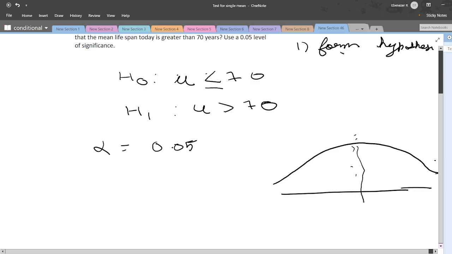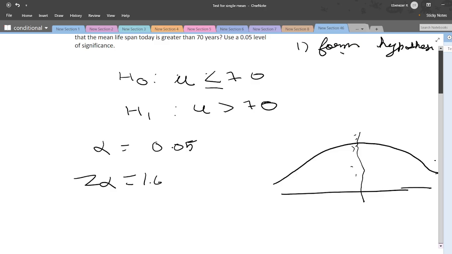So when you give alpha 0.05, there's something called Z alpha. Z alpha is equal to 1.645. This will be given to you in the test itself. You don't have to know this. So Z alpha is nothing but 1.645.